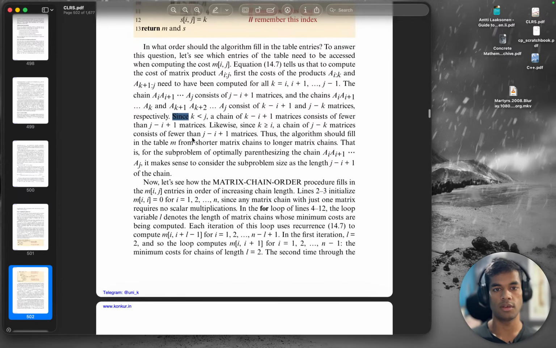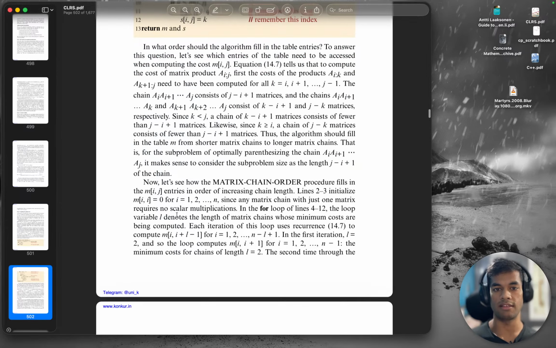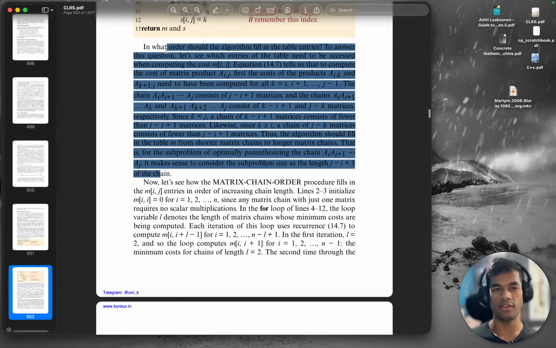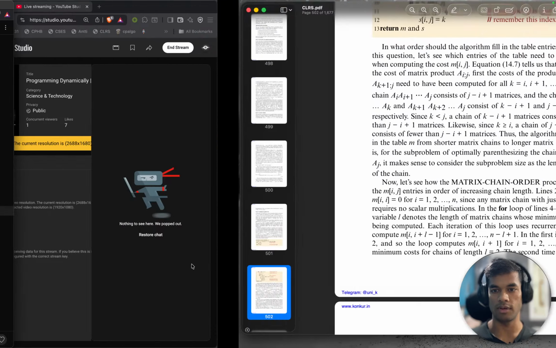Since k is lower than j, each of these chains consists of fewer matrices than the original. So we would like to have the answers for all the matrix chains which are smaller in number than what we have here.